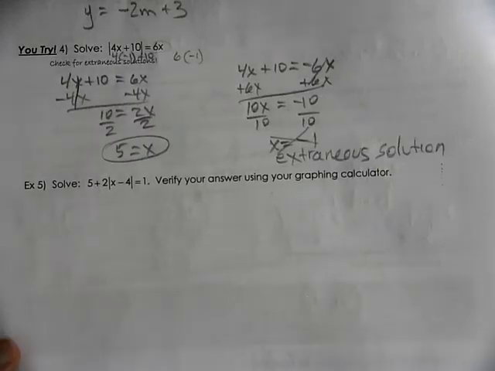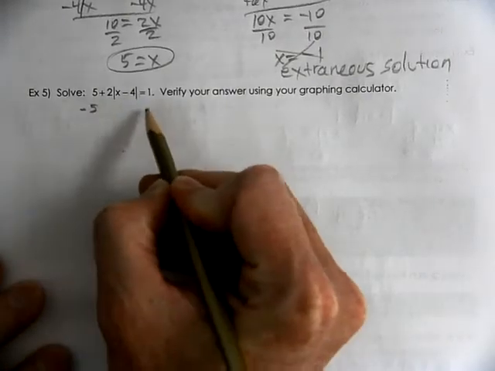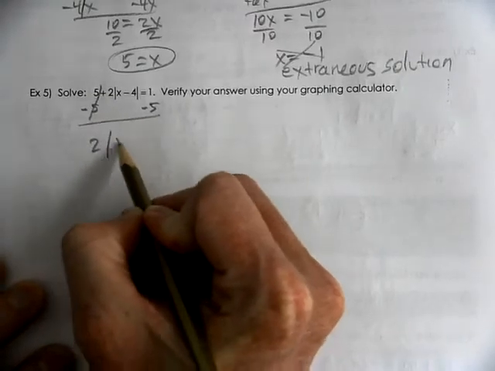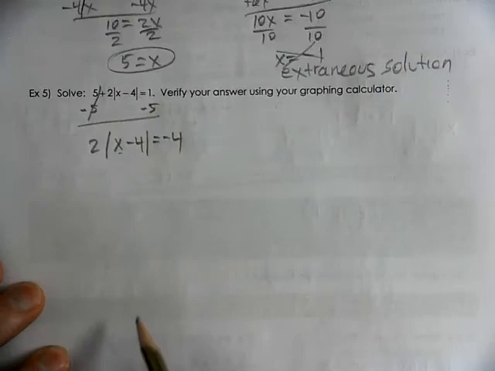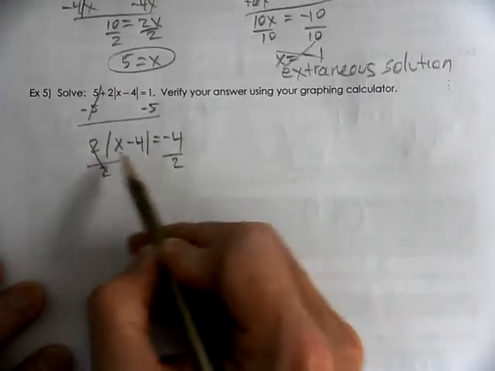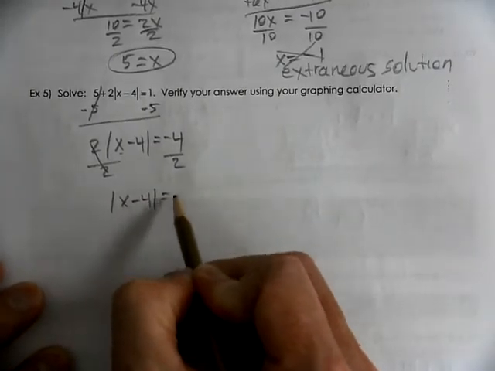And then to solve the final question, we'll come on down. Of course, we would subtract 5. That's absolute value of x minus 4 equals negative 4. That shows us a concern already, but usually we identify it here.